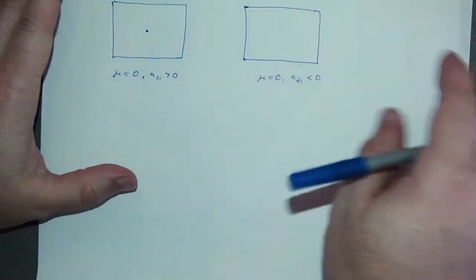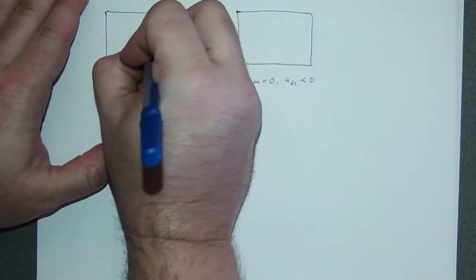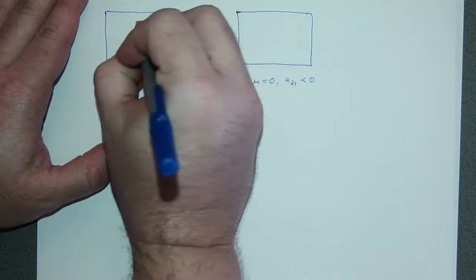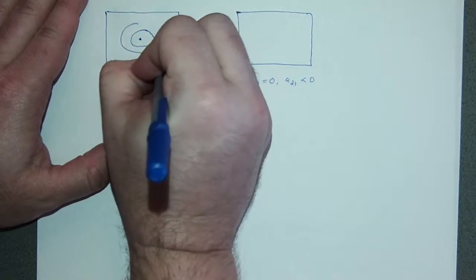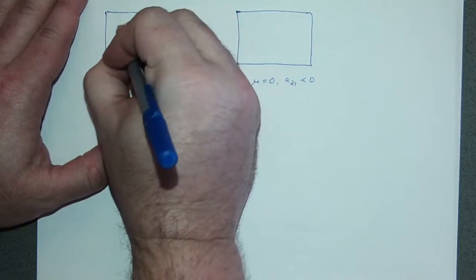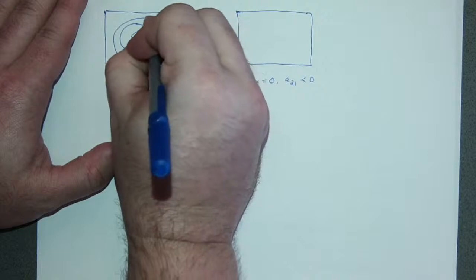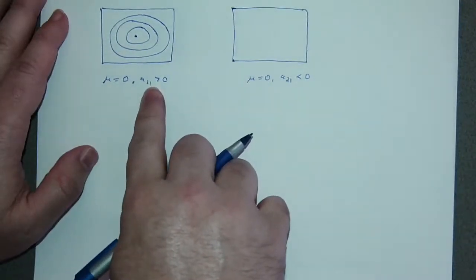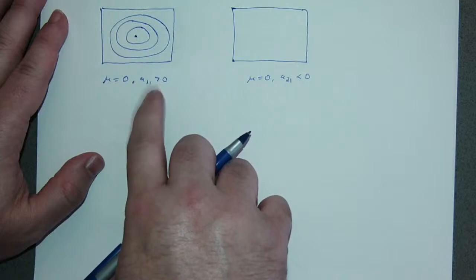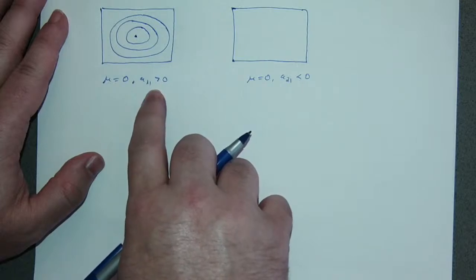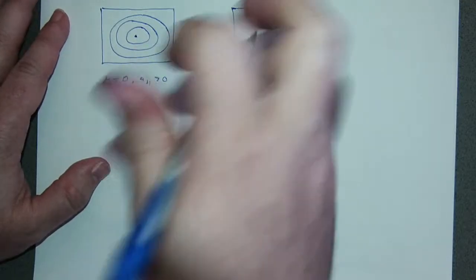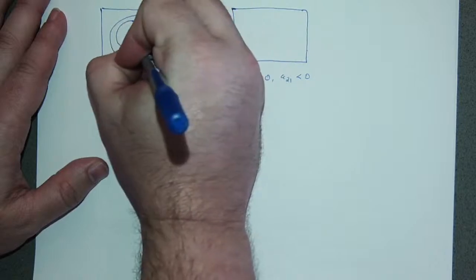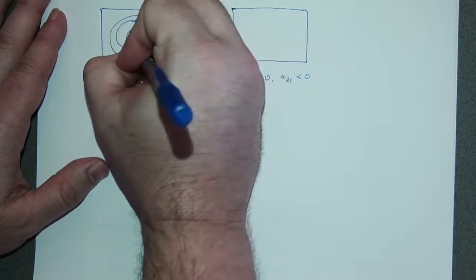I get ellipses that look like this. And since A21 is positive, these are counterclockwise ellipses. So the motion indicated looks like this.